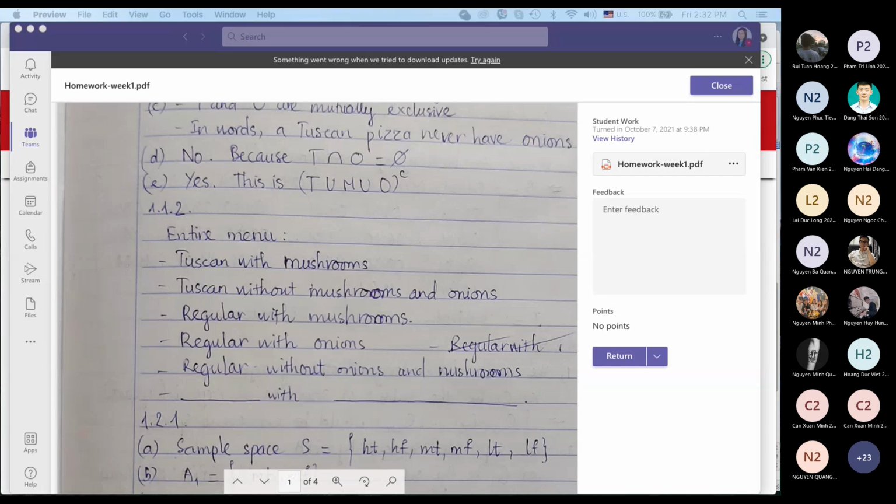Okay. Tuscan with mushroom, Tuscan without mushroom. Okay, nice.